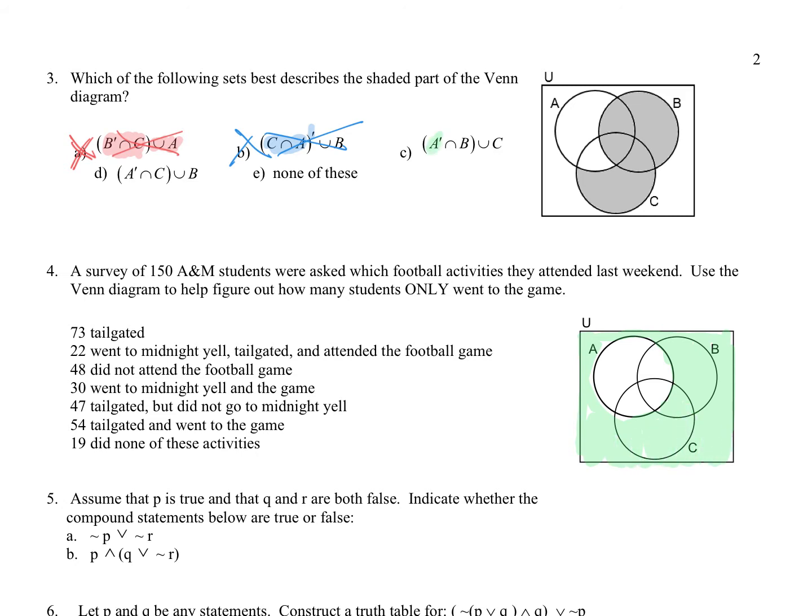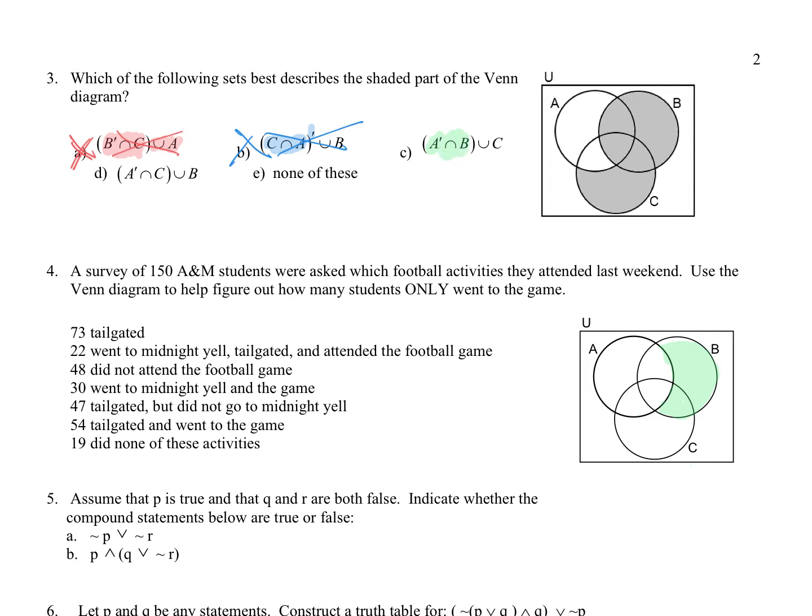Now where does that intersect B? So what's in common? It also has to be in B. So anything that's not in B, I can erase. Okay, so that's what we have so far. So that's the complement of A intersect B.